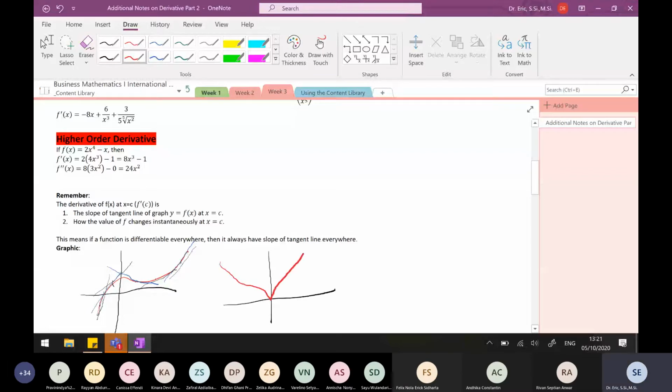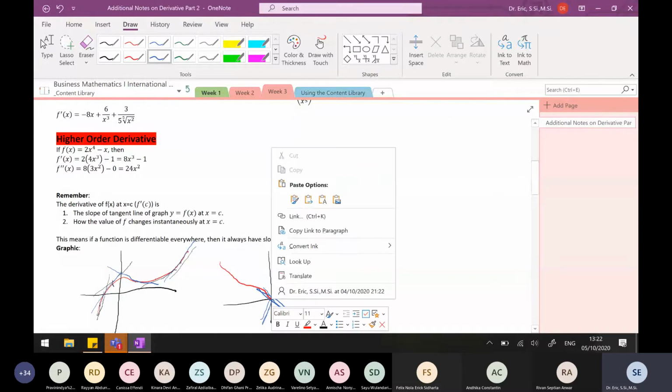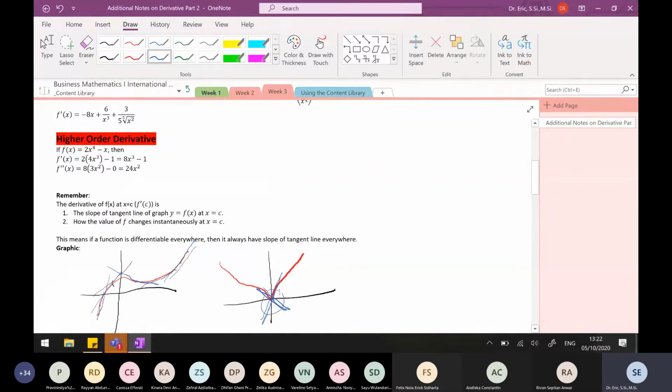What about this one? Okay, can I have the derivative at this one? Can I have the derivative? It is not defined there. Why? Because what is the slope? Is the slope here or is the slope here? I cannot define the tangent line here. So in this situation, at this point, it doesn't have derivative.